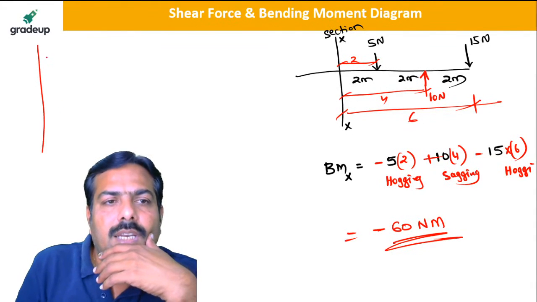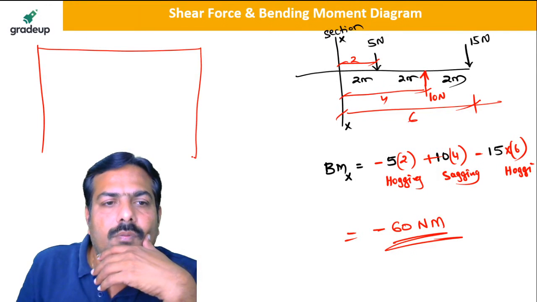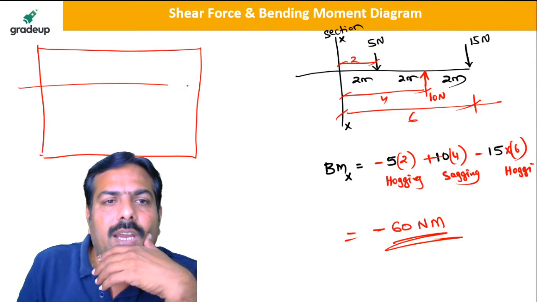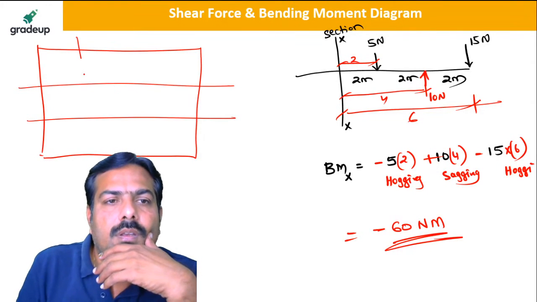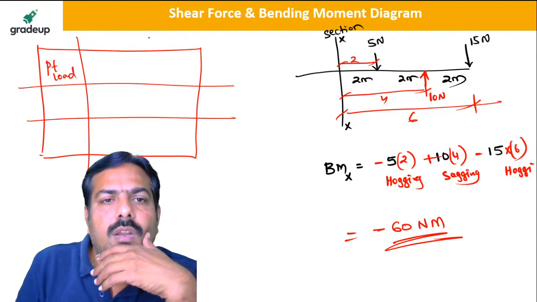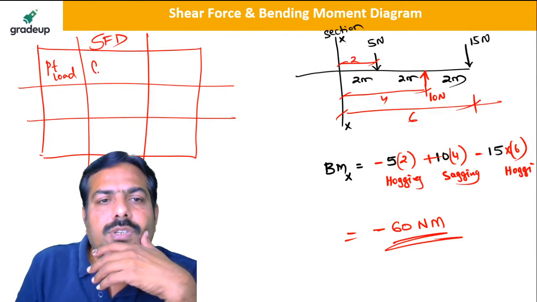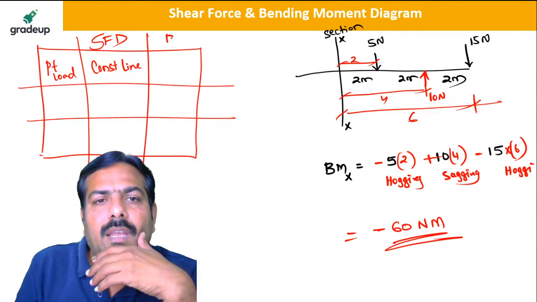Whenever you see that there is a point load acting, for point load, your shear force diagram is a constant straight line, and bending moment diagram is linear.